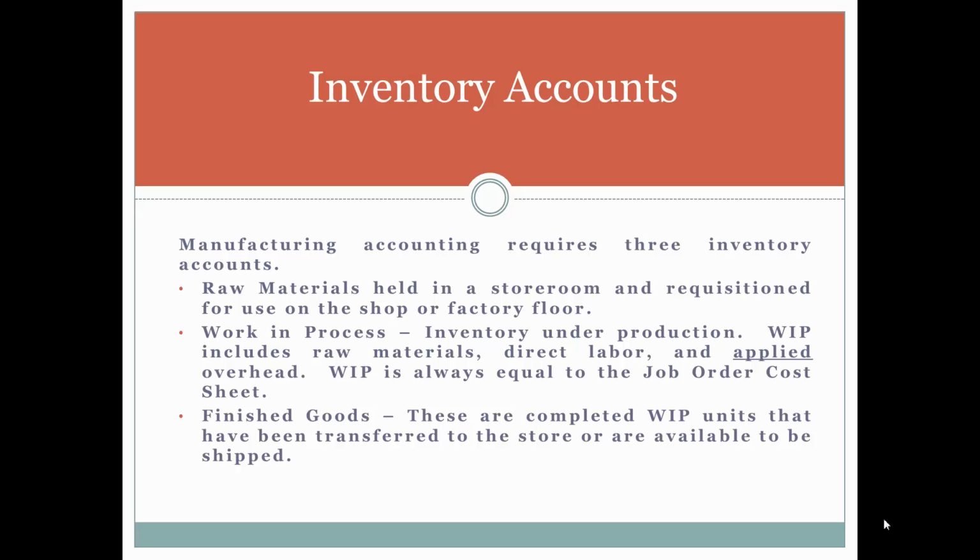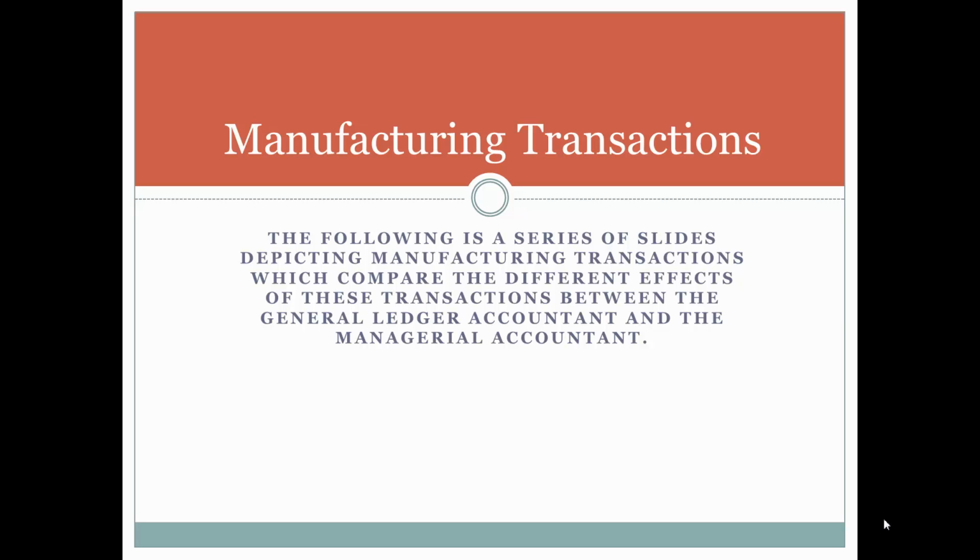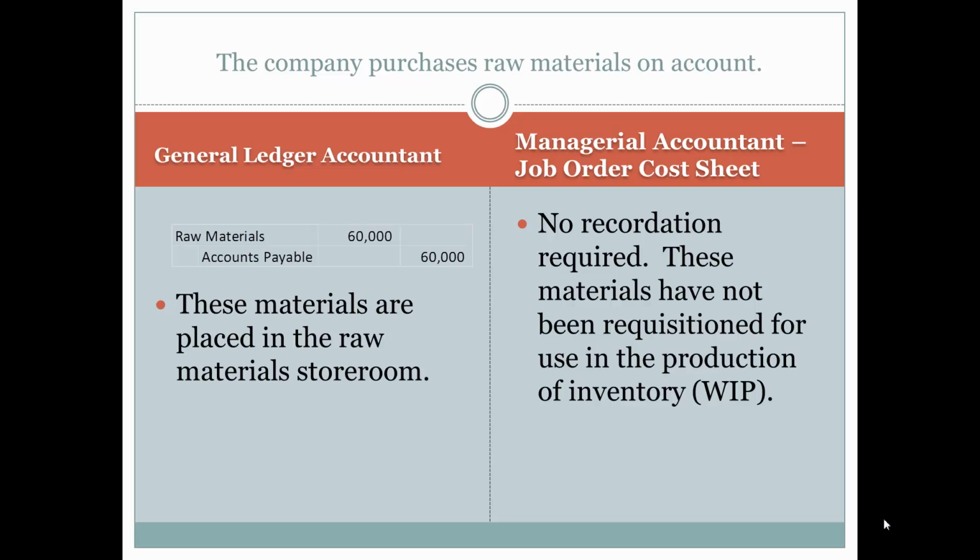Once goods are finished and completely manufactured and in their final phase, that's moved to finished goods. This is where completed work in process units have been transferred to the store or are available to be shipped. The following is a series of slides depicting manufacturing transactions which compare the different effects of these transactions between the general ledger accountant and the managerial accountant.